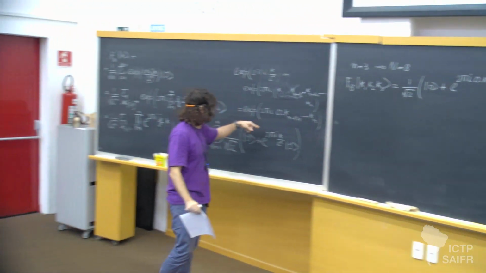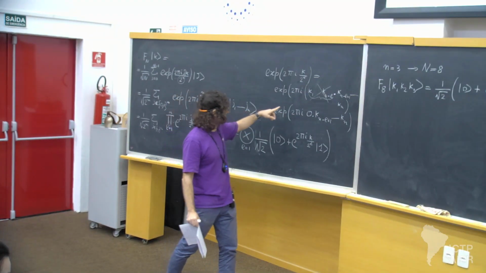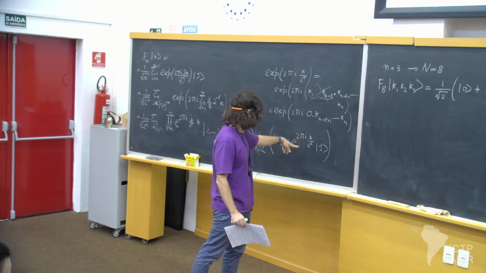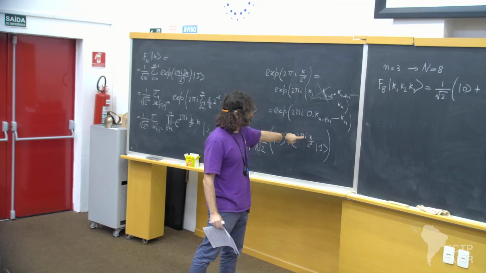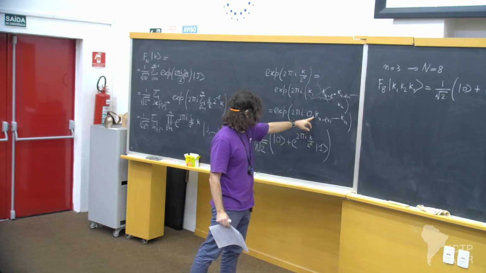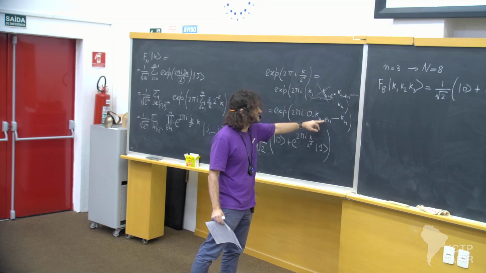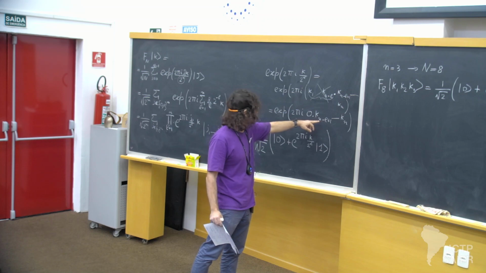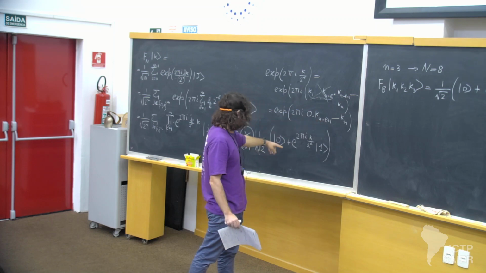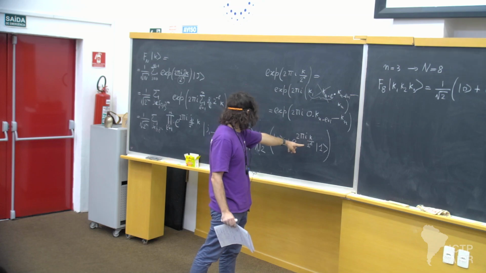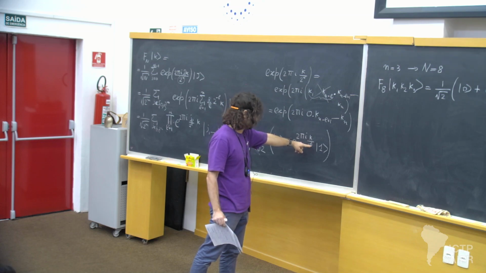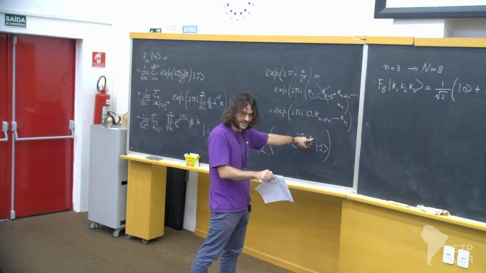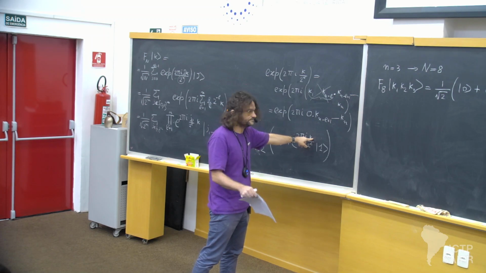On k3 I have the least significant digit. To do the 2 pi k over 2 to the L, if I put L equal to 1, this becomes 2, and so I have k1, k2, and k3. k1 and k2 don't matter because they go before the comma, and so only k3 remains.